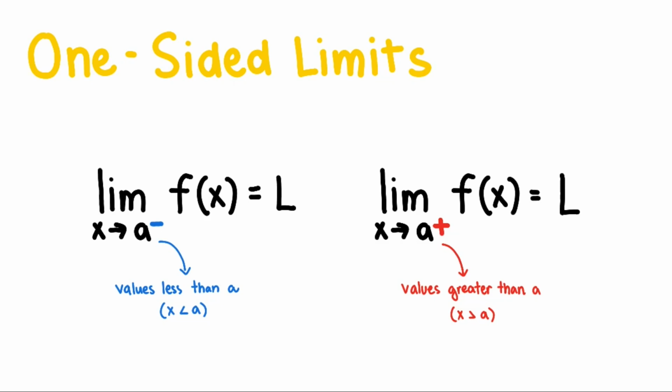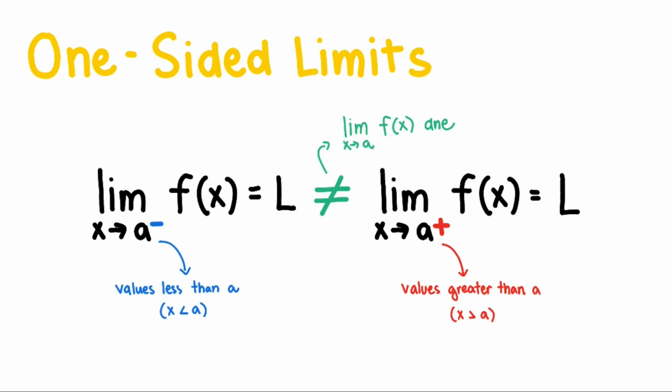As additional information, take note that if these limits aren't equal, we can conclude that the limit of f of x as x approaches a does not exist. So this one is a good indicator to show that a limit exists or does not exist.